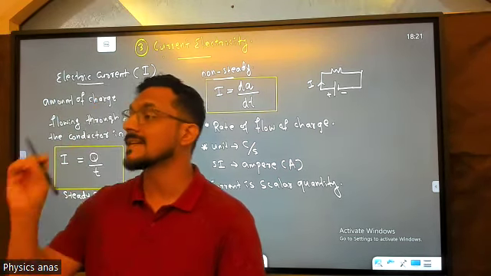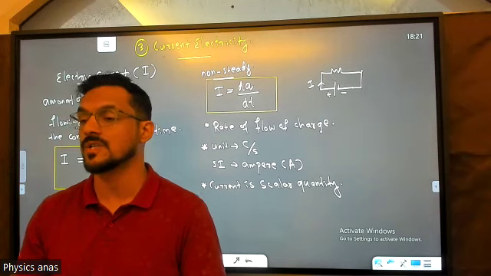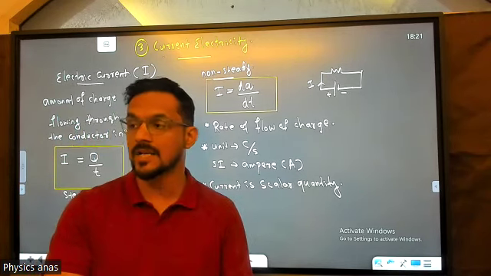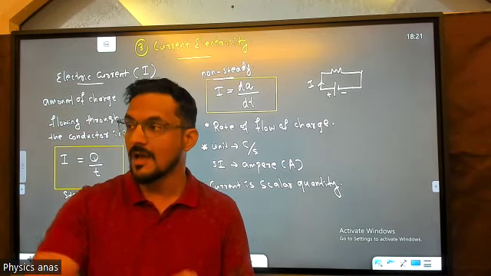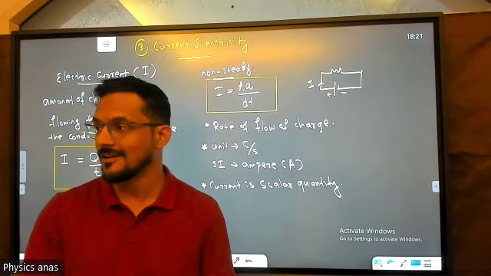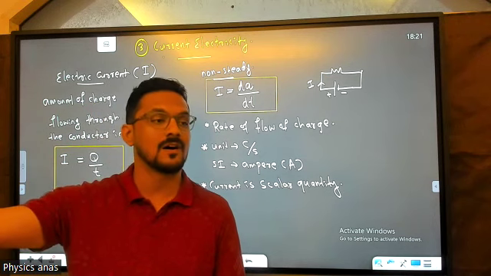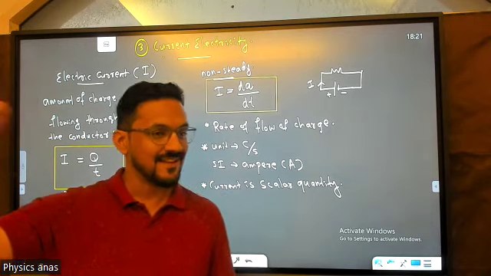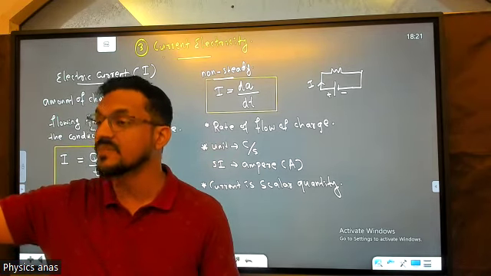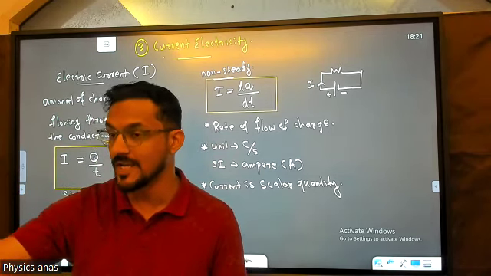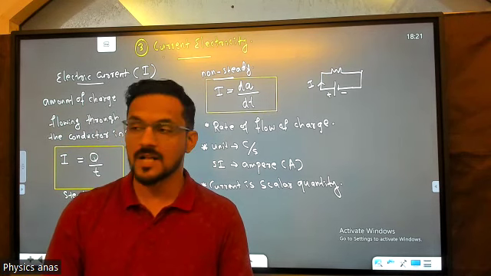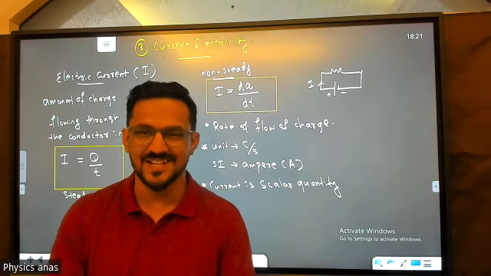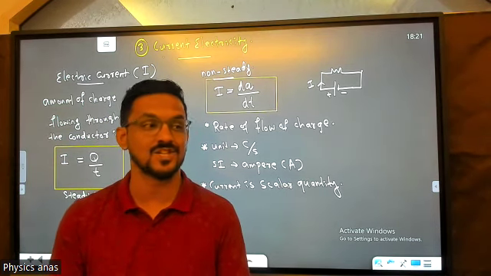What is the actual definition of vector? A quantity that has magnitude and direction, and it obeys the law of vectors. Then only it will be a vector. Current has magnitude and current has direction, but it does not obey the laws of vector addition.